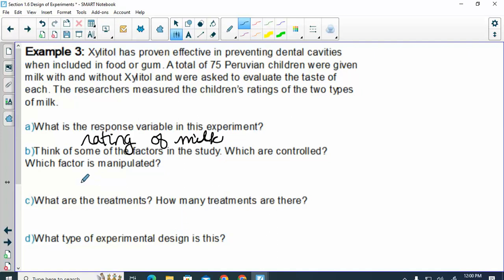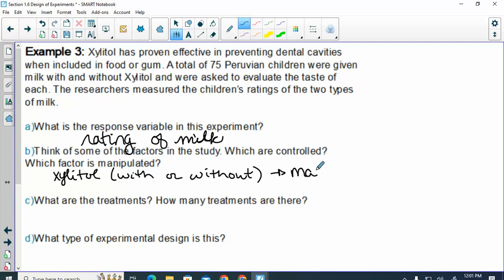Okay, so the factors in the study, the explanatory variables, the things we're manipulating, what would be our factors? Whether they had the milk with or without the xylitol. Is that controlled or manipulated? Is that the one I'm changing?